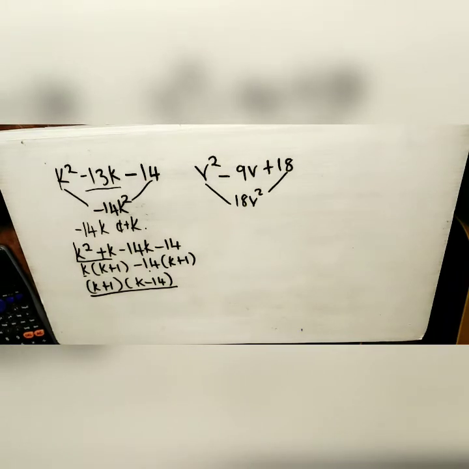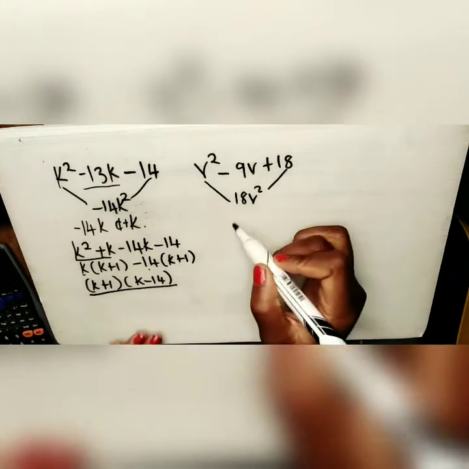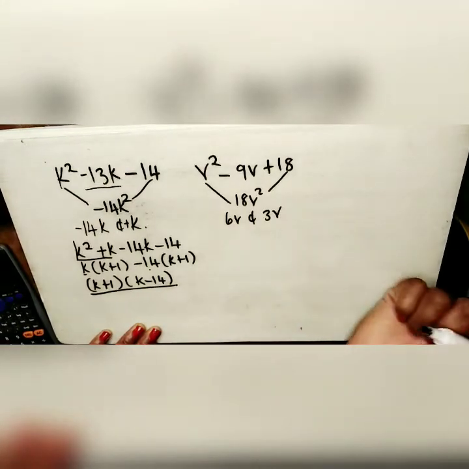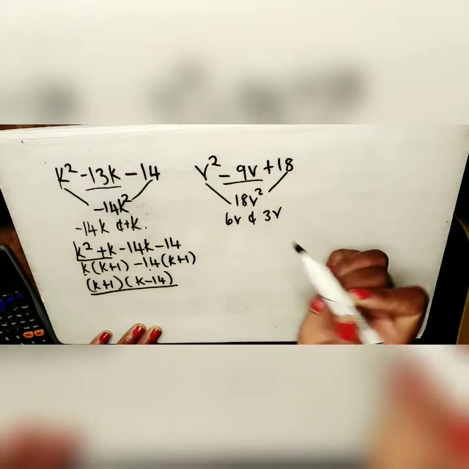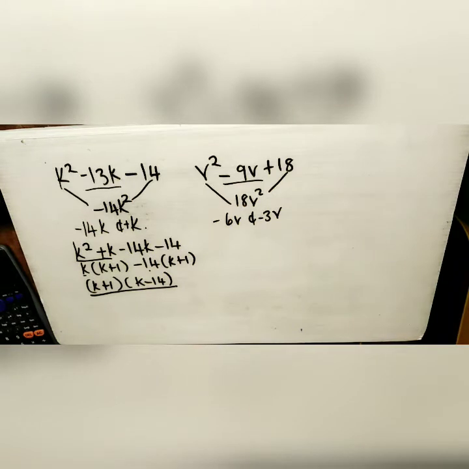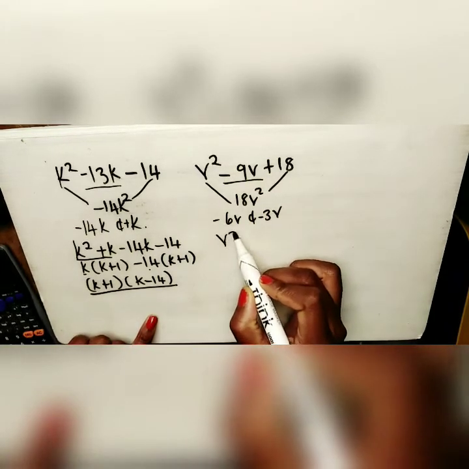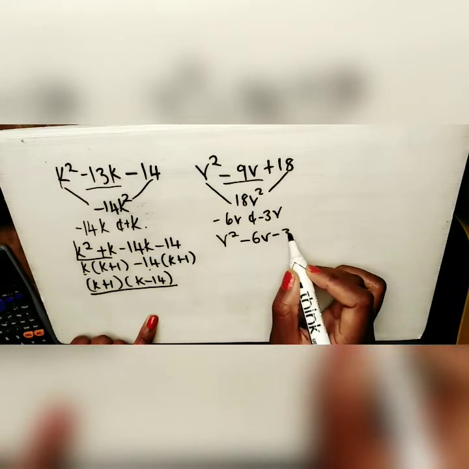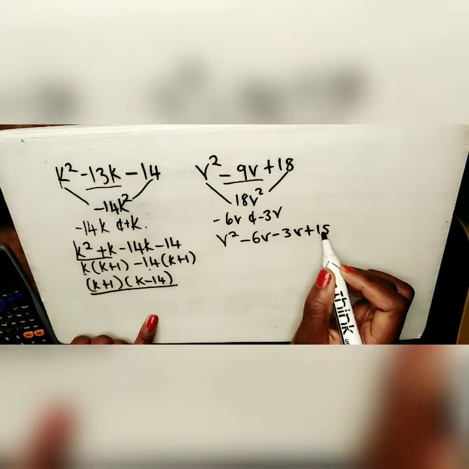So which factors are those? We have 6v and 3v. But because the sign there is a negative sign, all of them are going to have a negative sign. Remember, when you multiply a negative by a negative, you get a positive. But when we add minus 6v plus minus 3v, we'll get minus 9v, right? So now, in place of negative 9v, we'll write minus 6v minus 3v plus 18.